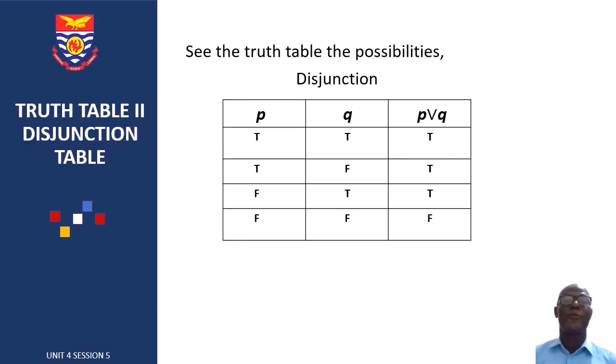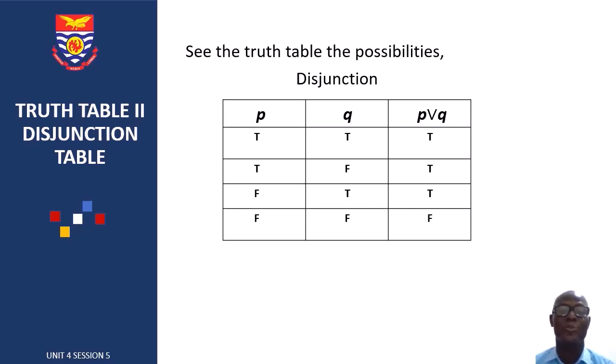Truth table for disjunction. We saw in our previous slide that when two statements are combined using or, the disjunction is true if both statements are true or one of them is true. Hence, in the disjunction table, if P is true and Q is true, meaning the two statements are true, then the disjunction is true.